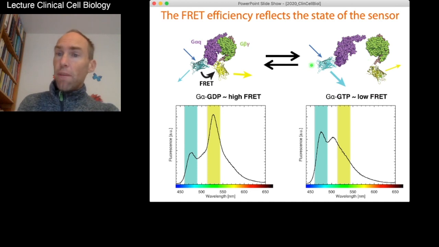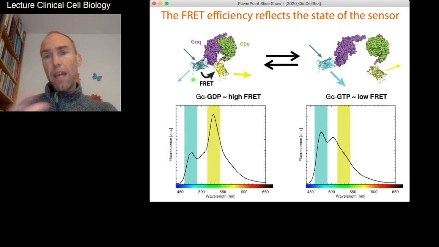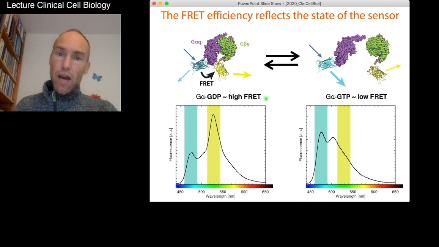And this is something we can measure. So initially we have high FRET. After this dissociation we have low FRET. And in case of high FRET we have a lot of the yellow signal, and in the case of the low FRET we have more of the cyan signal. And this is what we can measure with our microscopes.